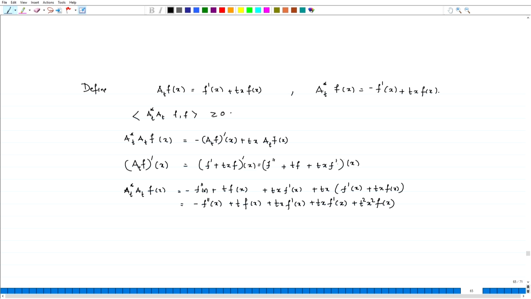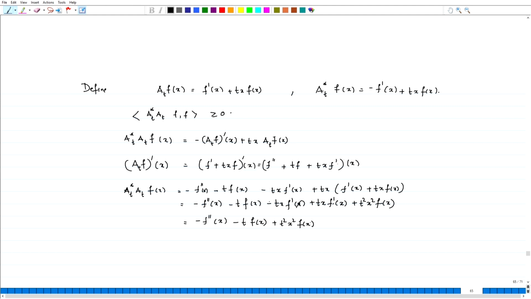Now, here there are the minus signs over here. This is minus, this is minus. So, then this is minus of f double prime of x minus t f of x, this gets cancelled, and plus t square x square f of x.